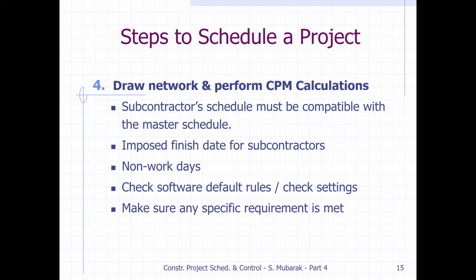The subcontractor schedule must be compatible with the master schedule. The work of the subcontractors should follow the work of the prime contractor. Sometimes the prime contractor can put imposed finish dates, so the subcontractor should complete the work by that time.